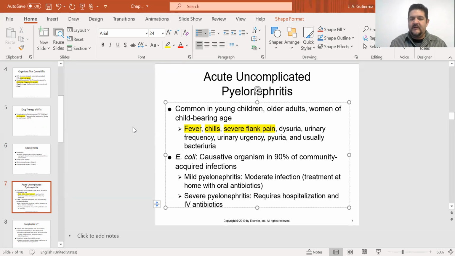Basically, we put our hand on the back of the patient, on the lower back, left or right, and we tap over that area, and it's very, very painful. That's how we know that the infection went all the way up there. Again, the bacteria is E. coli.